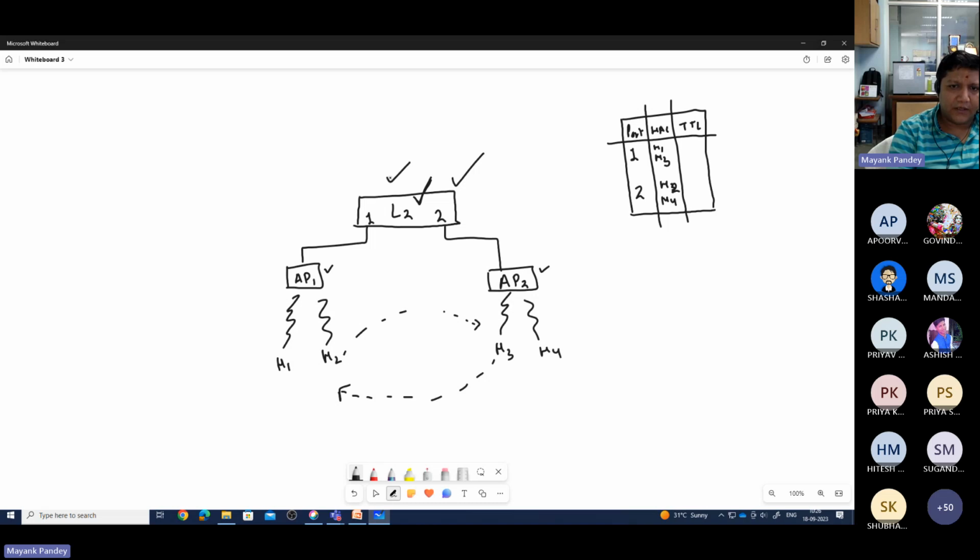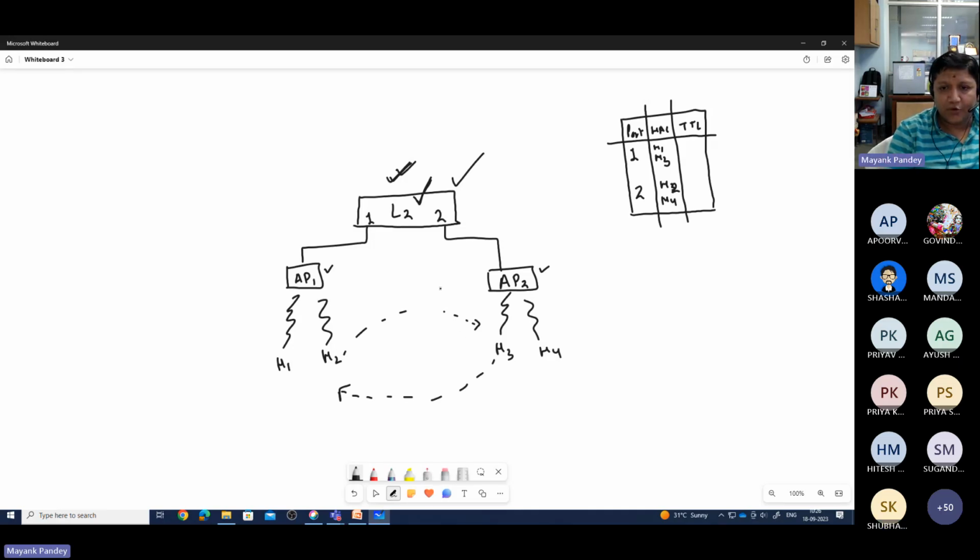So this is the working of an intra-station switch. There is no new thing here. Any problems here? No, sir. No issues here.